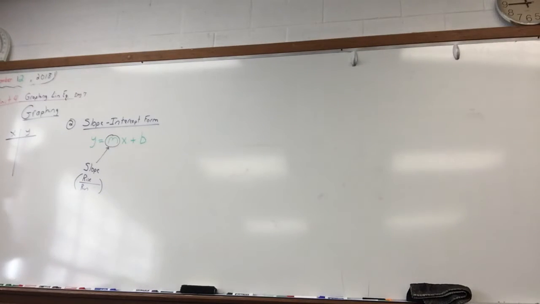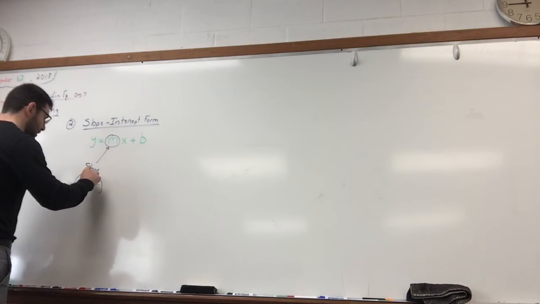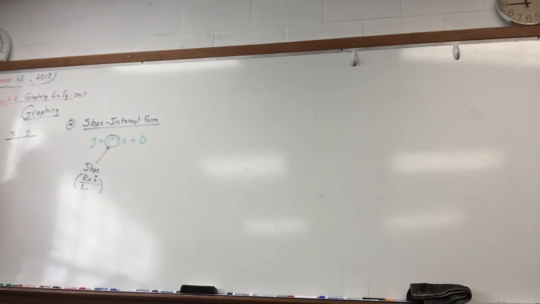To make things easier for you, we are going to change rise over run up a little bit. Rise goes which directions? Up and down. If it's going up, it's positive. If it goes down, it's negative.